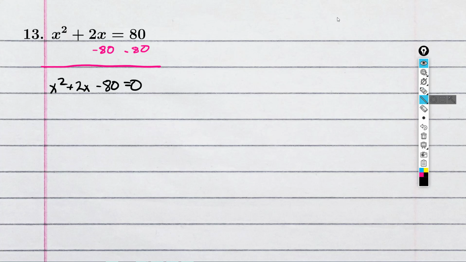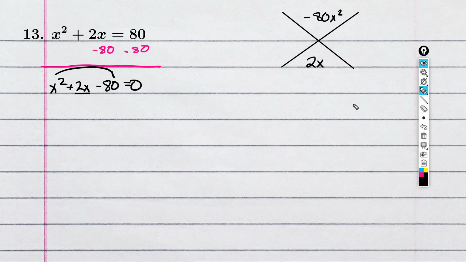So since we have a trinomial, that means the next step is to make the x. When we make the x, we multiply the first and the last term together, and that gives us your top, negative 80x squared, and 2x is the sum we're looking for. So since it is negative on the product, it means we have a plus and a minus.